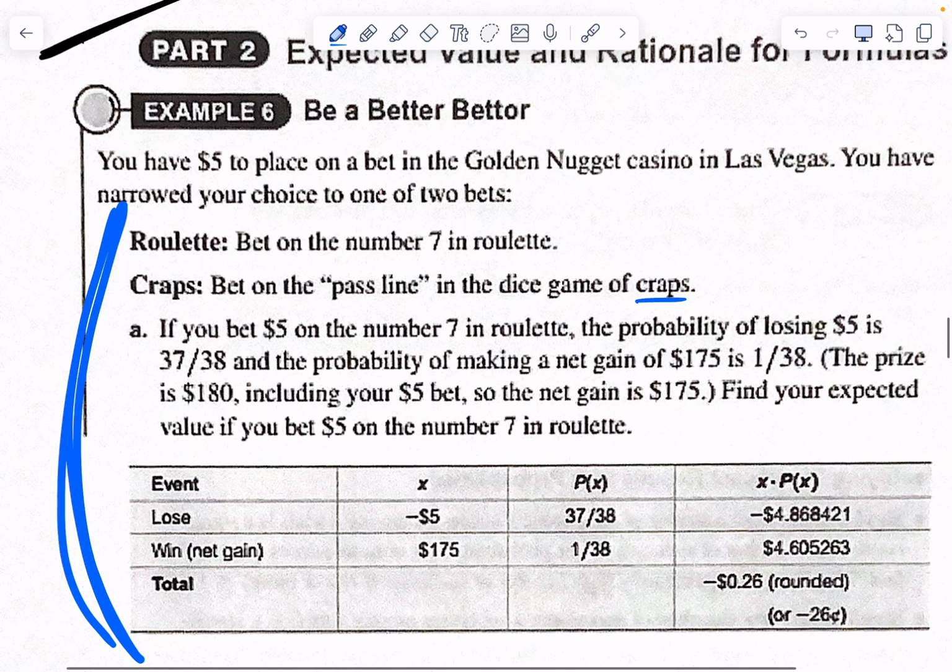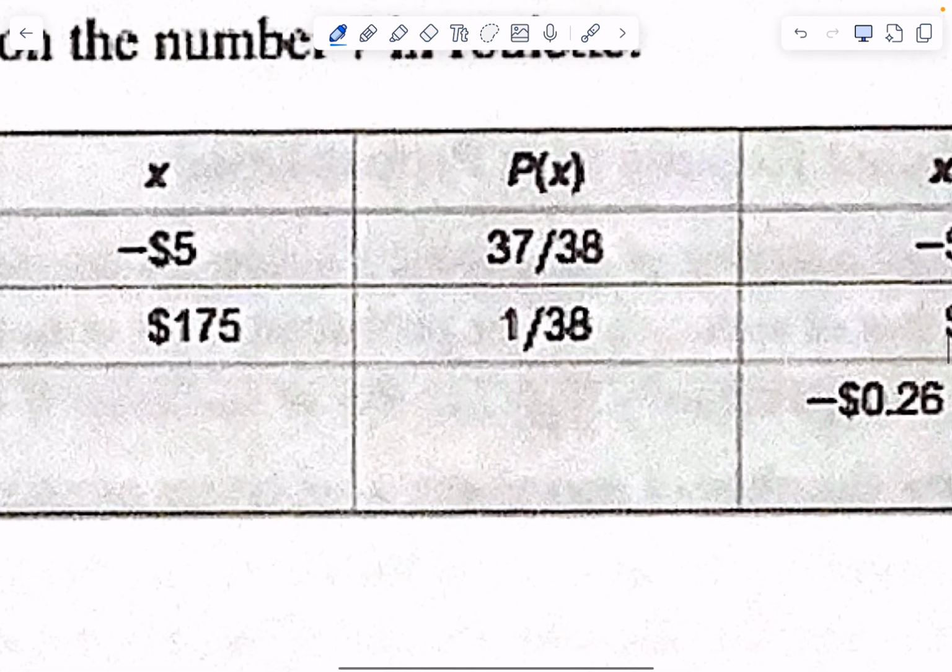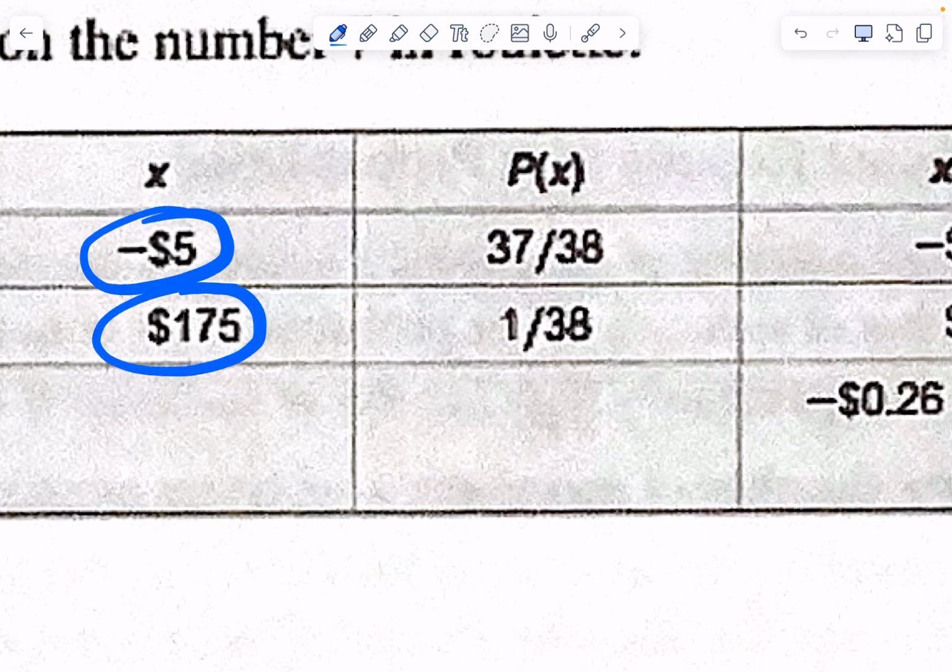All right. If you bet $5 on the number 7 in roulette, the probability of losing the $5, circle the word losing, is 37 out of 38, which means you win 1 out of every 38 times. So here's the deal: if you win, you win $175. We have a probability table with 2 outcomes. Either you are going to lose $5 or you are going to gain $175.